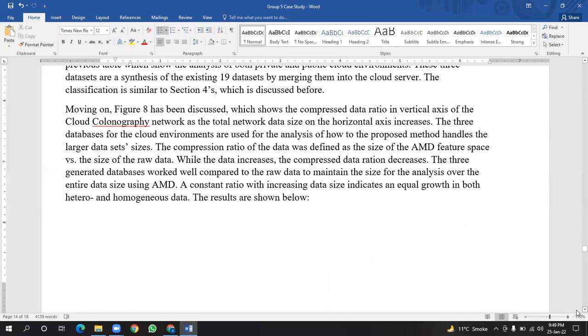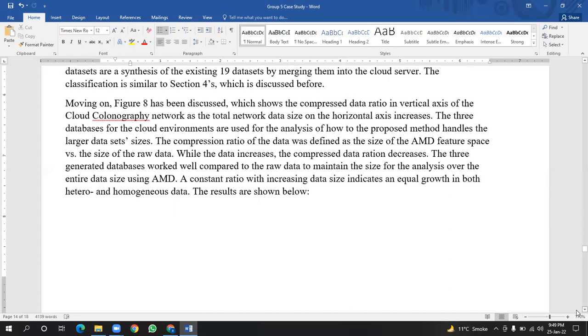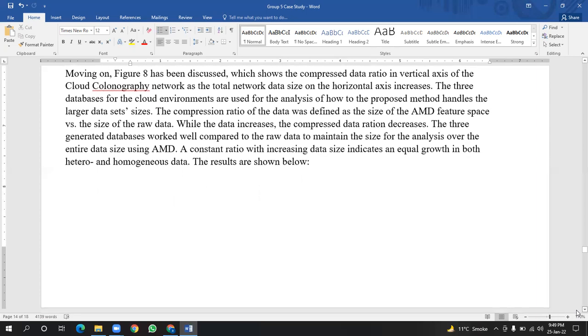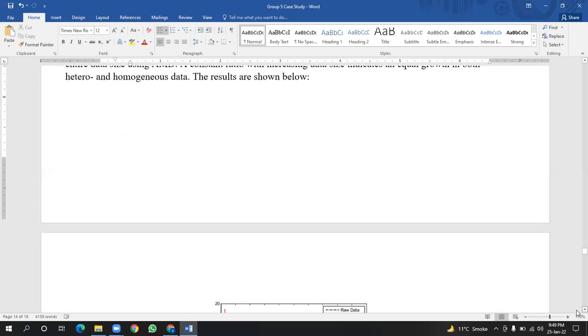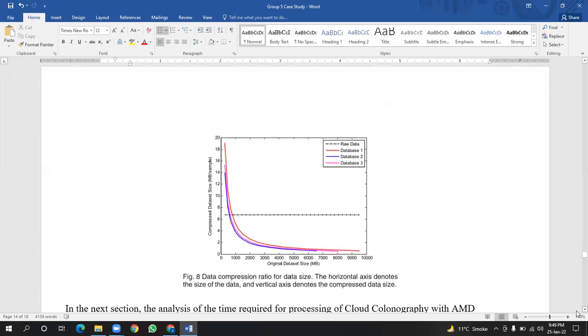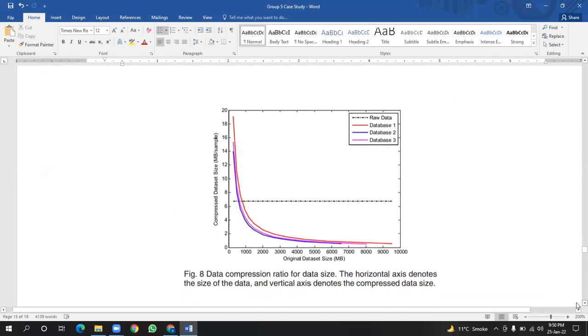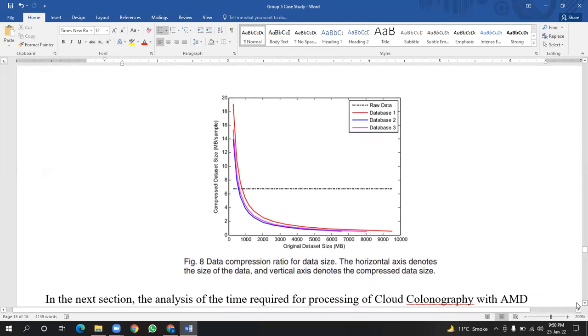Basically, it is explaining the compression ratio of the data at the size of the AMD feature space, and then comparing it to the size of the raw data. As the data increases, the compressed ratio also decreases. As you can see in this graph, they have shown the data compression ratio for data size.